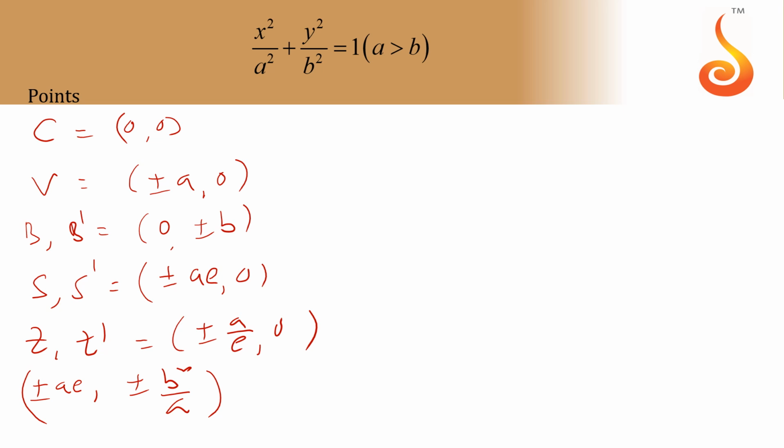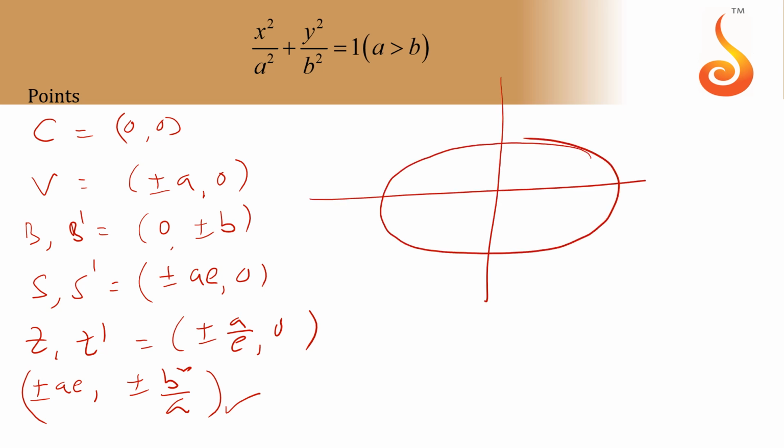Those will be the sets of latus rectum ends you have to take here. Then if you see the ellipse, these are the vertices, the foci S and S dash, and this is B and B dash.